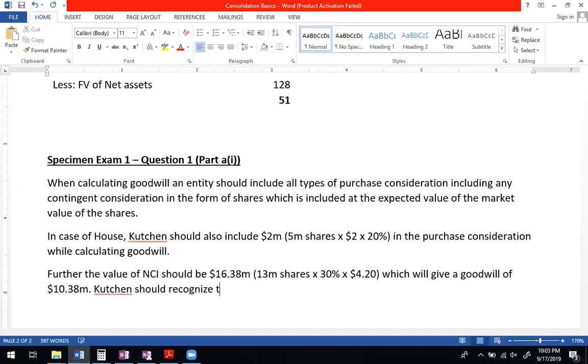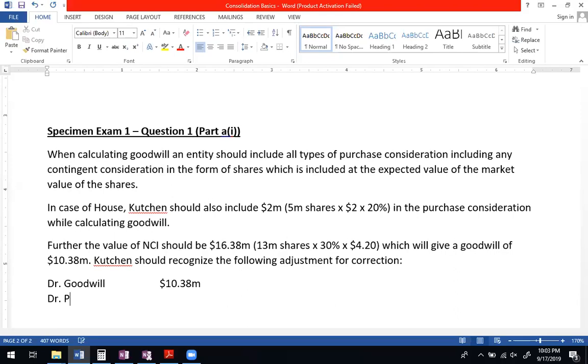Cochin should recognize the following adjustment for correction, and we're going to say goodwill debit by $10.38 million, P&L debit by $8 million, and we can say this is to reverse the bargain purchase recorded by the finance director.